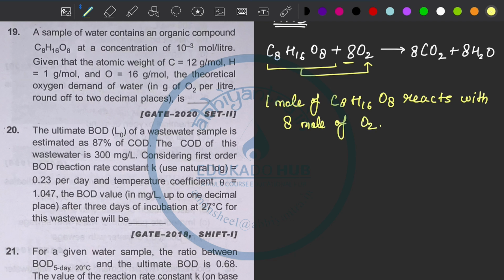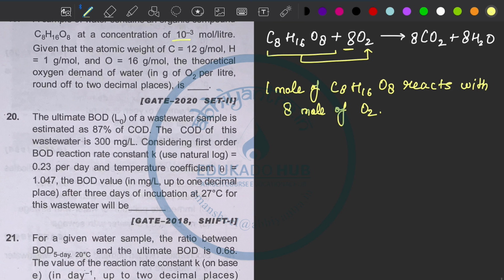So if the concentration is 10 to the power minus 3, then 10 to the power minus 3 moles of C8H16O8 will react with 8 into 10 to the power minus 3 moles of O2, right?